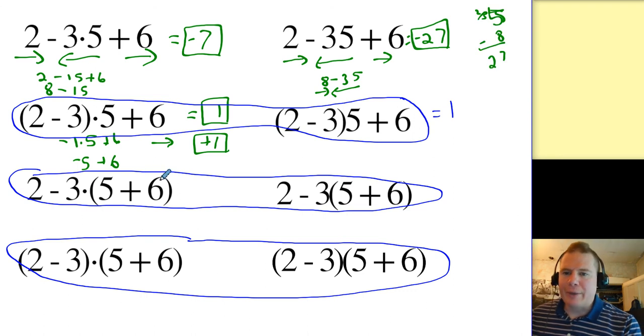Here, I'm not adding 6 as its own term. 6 is within these parentheses. The 6 and the 5 are being added. 6 plus 5 is 11. And then I have 3 11s. 3 11s is 33. And then all of that is being taken away from the 2. The 2 is a term by itself moving forward.